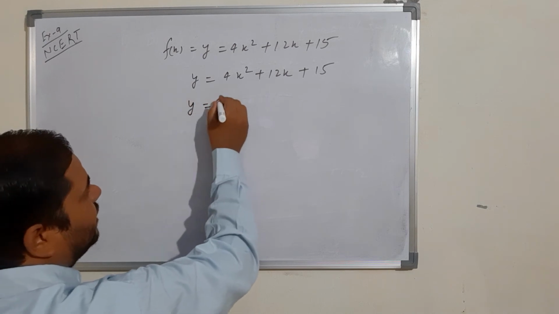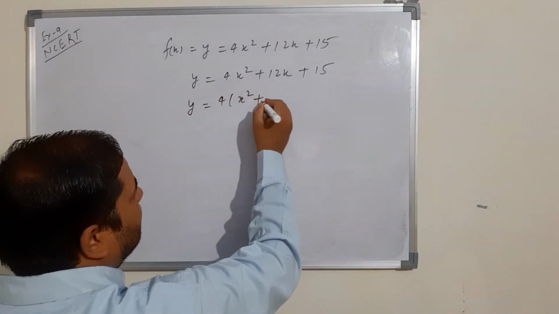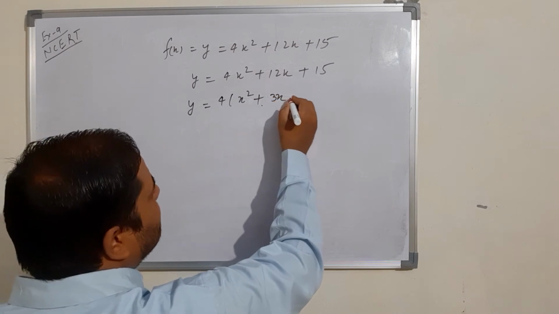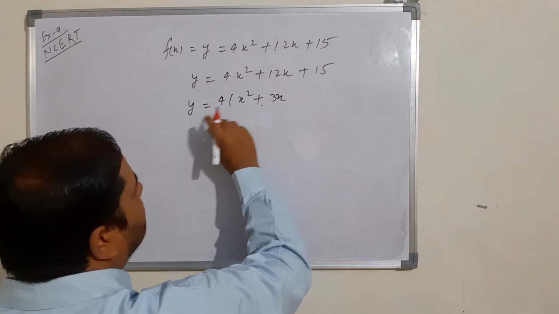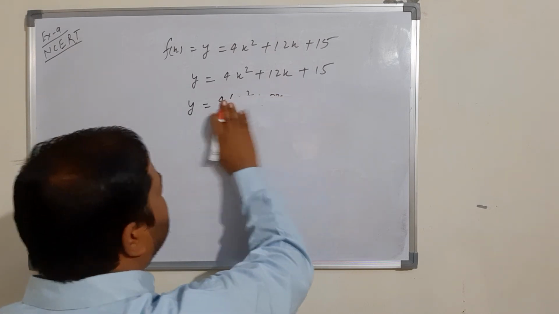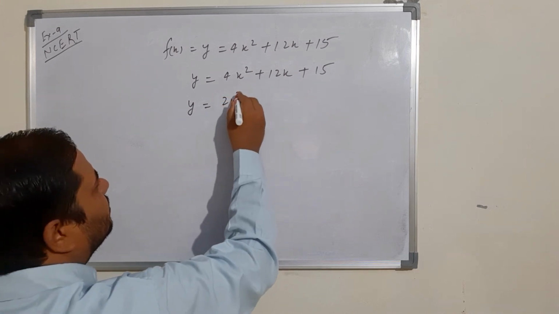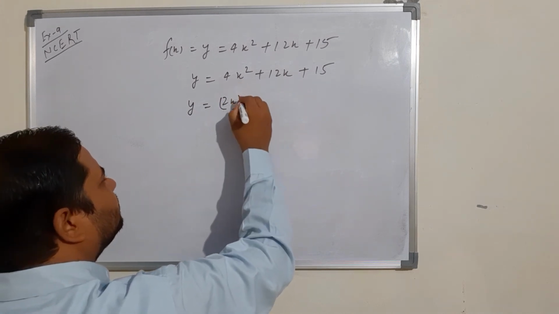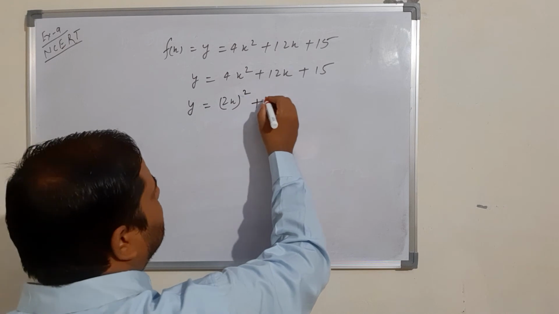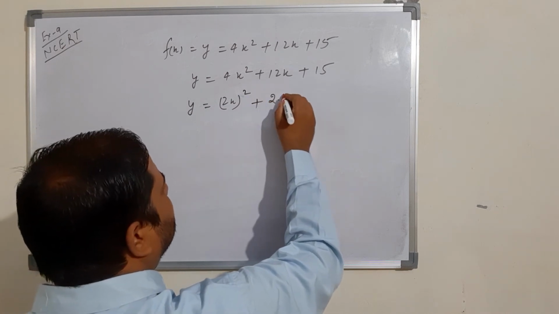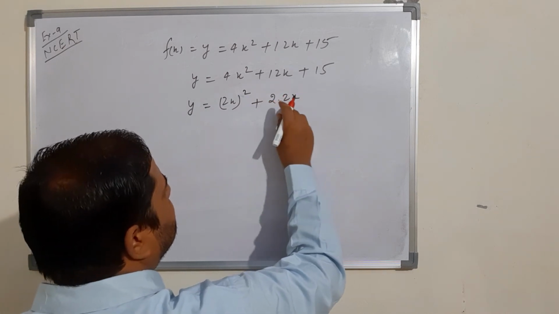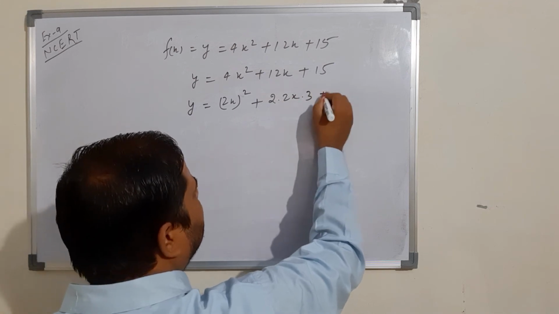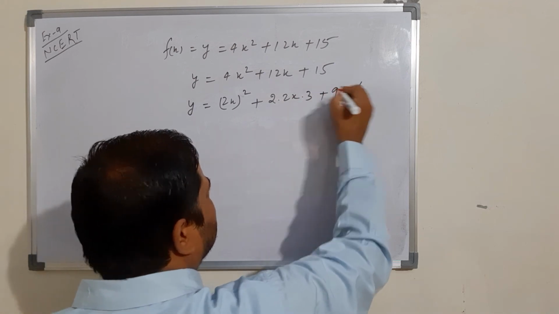y can be written as 4x square plus 12x plus 15, that is (2x) whole square plus 2 into 2x into 3 plus 9 plus 6. Let us see.